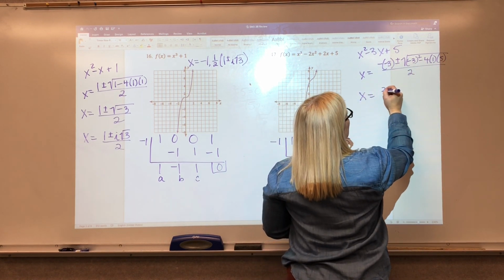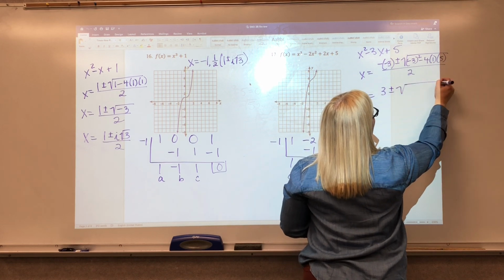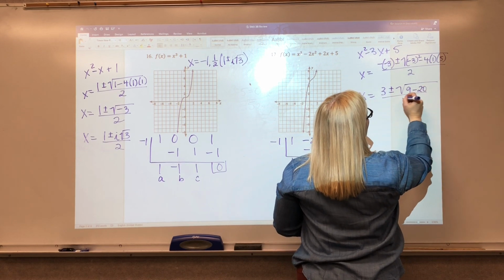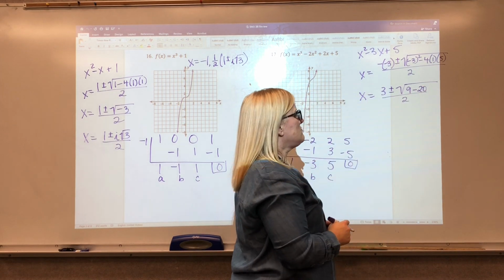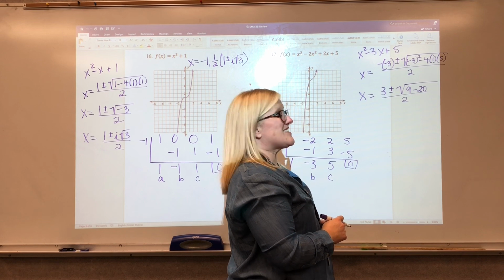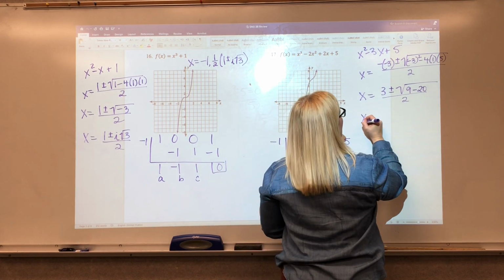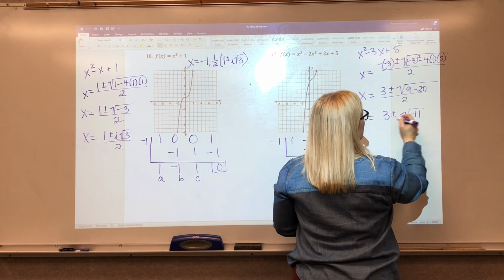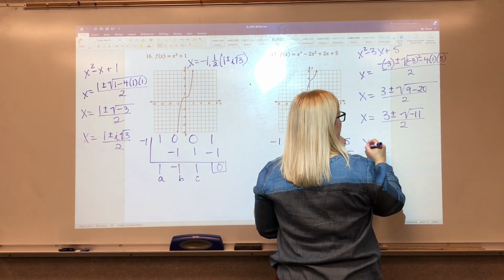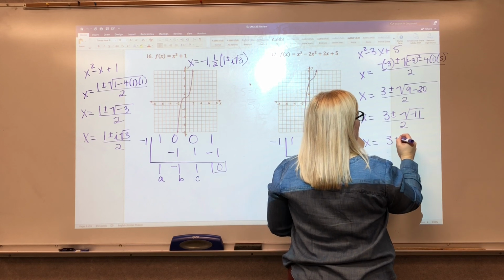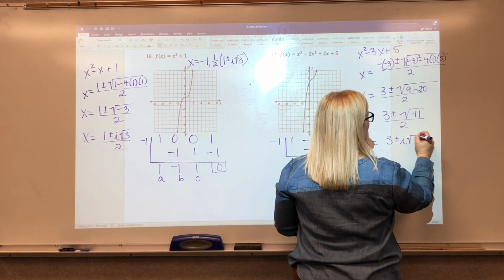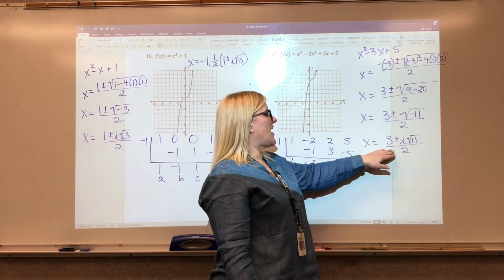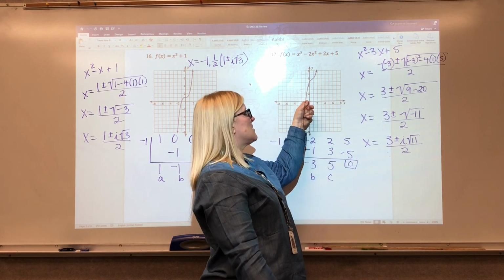X equals 3 plus or minus the square root of 9 minus 20 over 2. 9 minus 20 is 11. So I have here x equals 3 plus or minus the square root of -11 over 2. So x equals 3 plus or minus I times the square root of 11 over 2. So there's 2 of my answers, and my other answer is -1.